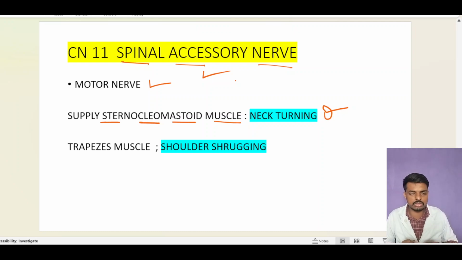Whichever nerve is responsible for shrugging of the shoulder is the spinal accessory nerve. So it supplies the sternocleidomastoid muscle responsible for neck turning, and the trapezius muscle responsible for shoulder shrugging. Very important point regarding the spinal accessory nerve.